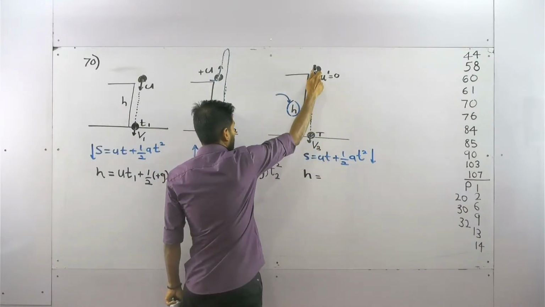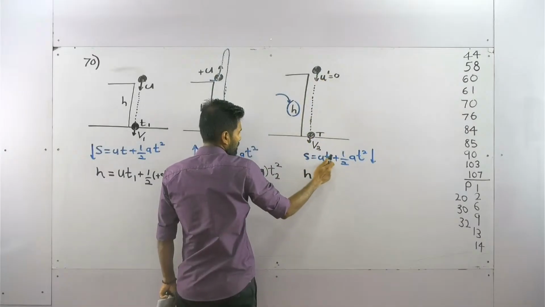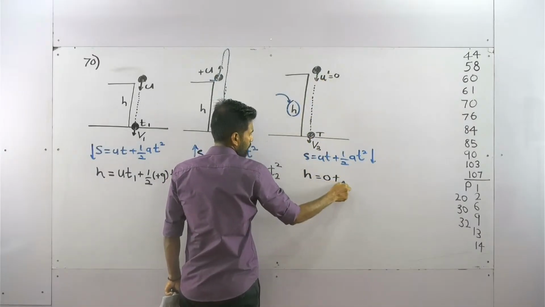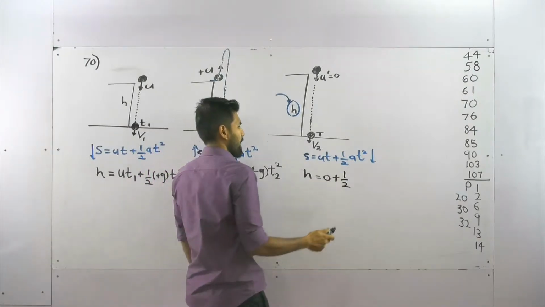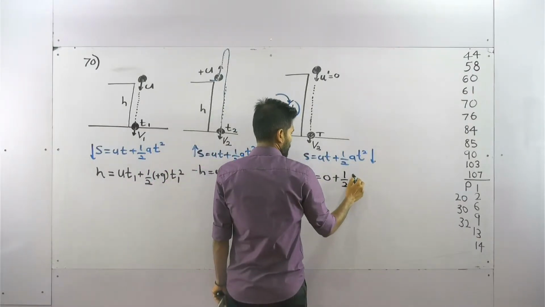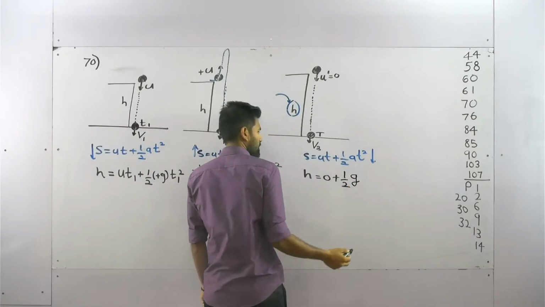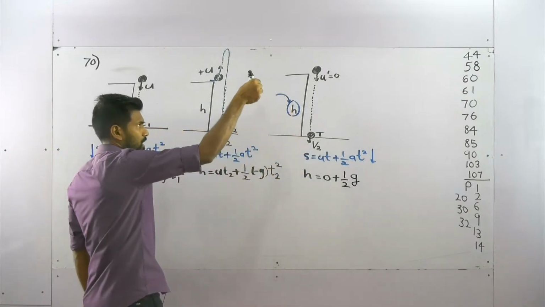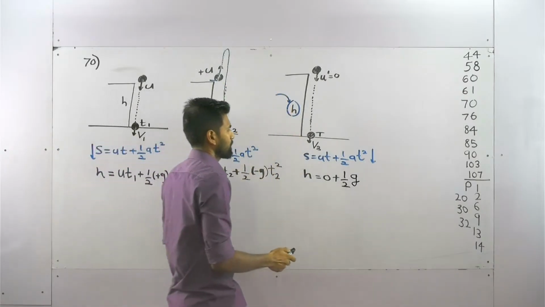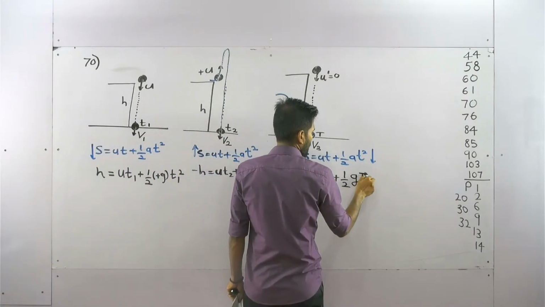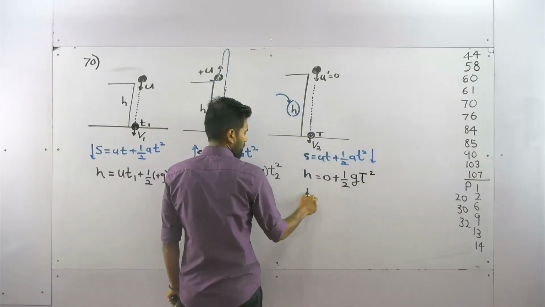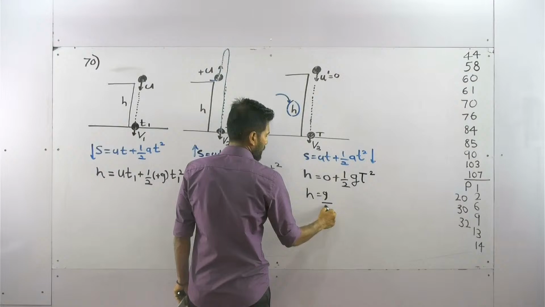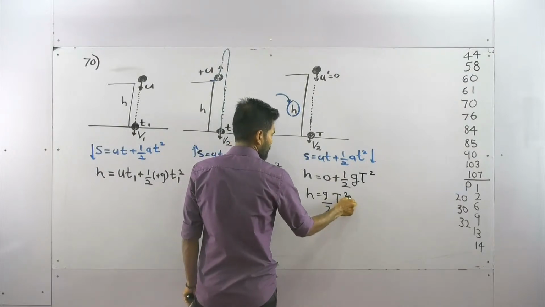Now it's not thrown, so the initial velocity is 0, the ut multiplication will be 0, plus half, and the acceleration of gravity is plus g, positive, when it starts from a higher point and comes downwards, g t square. I'm calling it capital T. So h is equal to g over 2 capital T square.